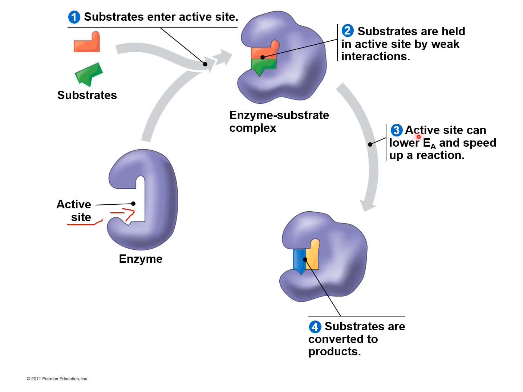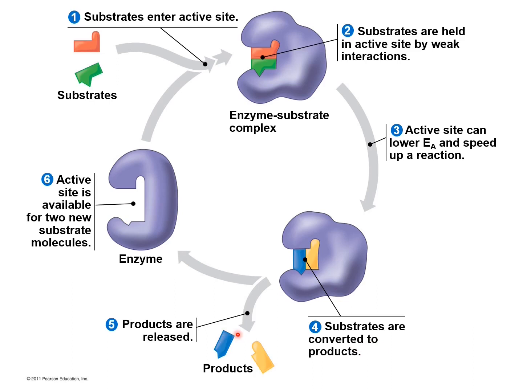Later on, the active site can lower the energy of activation and speed up the reaction. As a result, in your textbook they represent the chemical reaction as a change in color. So instead of being green and red, now you can see it represented by blue and yellow. In this way, they show that the substrates are converted into products.